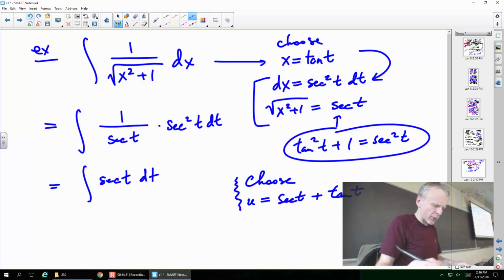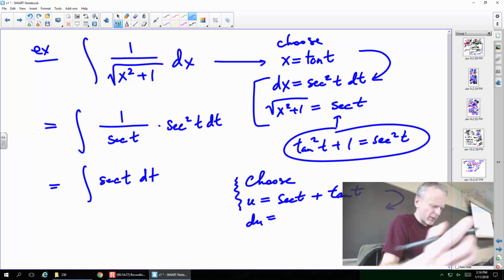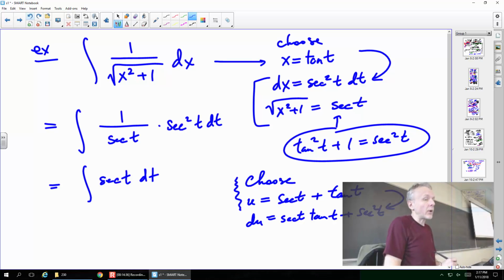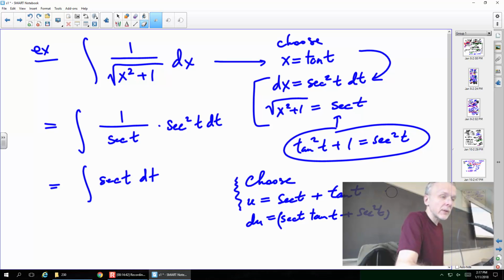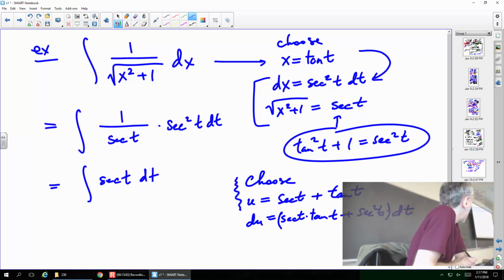Okay, so the du then, just like before, is just remembering. Let me write the formulas that I have here. Certainly the last part is familiar. The derivative of tangent is secant squared. And secant squared, if you haven't carried out the computation, is very easy to differentiate.